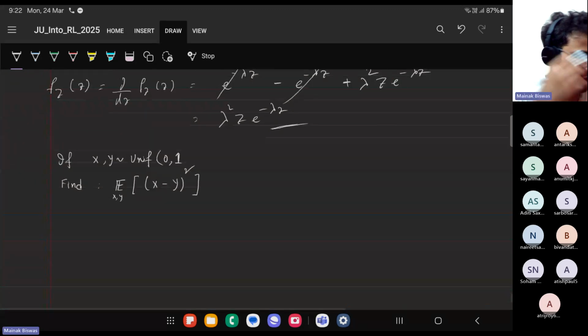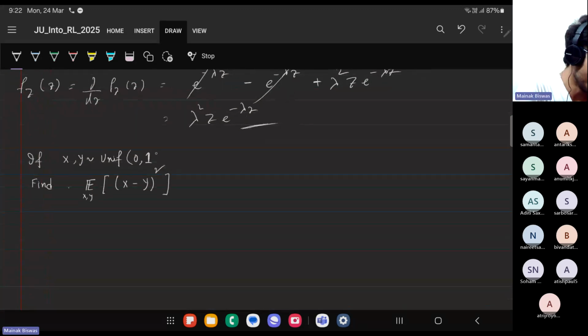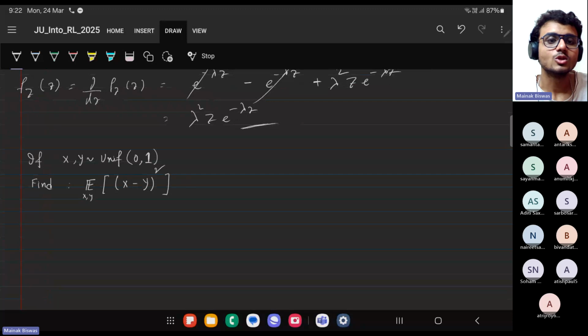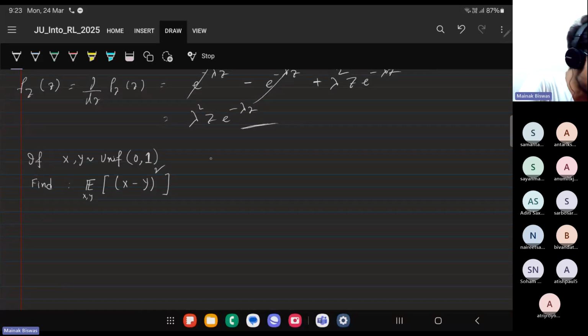So now first tell me what is the joint. Both x and y are told to be uniform 0, 1. So what will be the joint? Can you tell me?